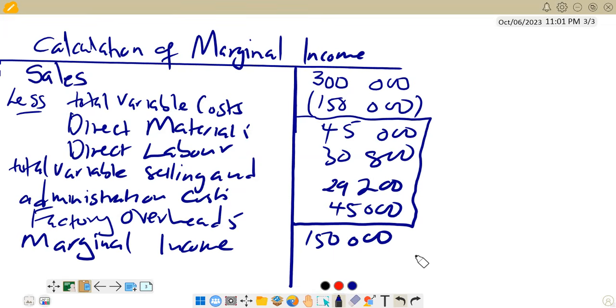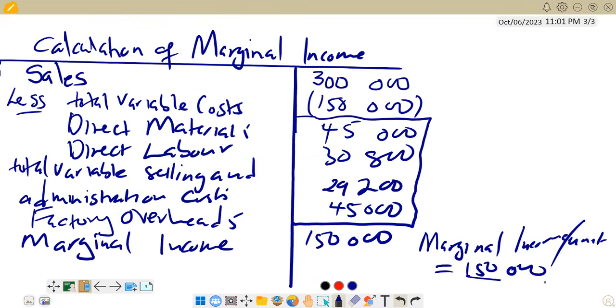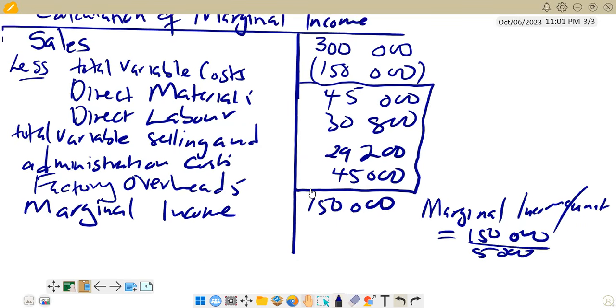Marginal income per unit is equal to 150,000. Then we divide by 5,000 units. So if you do that, what do we get there?